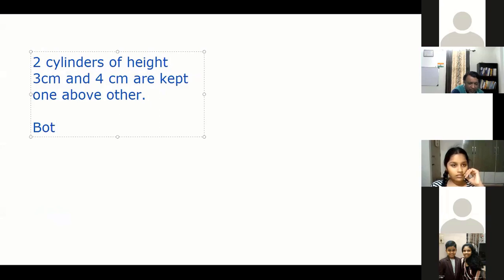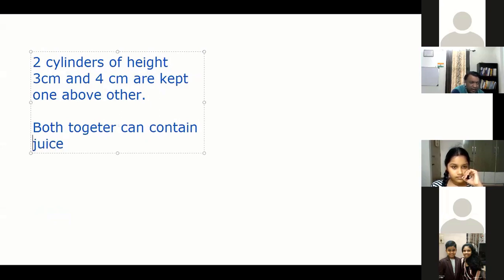Both together can contain total say 700 centimeter cube of juice. Actually, we can do liters, but I don't want to make it more difficult for you.